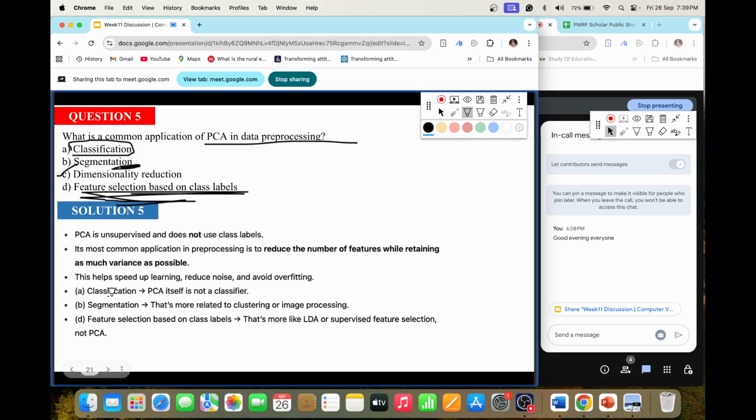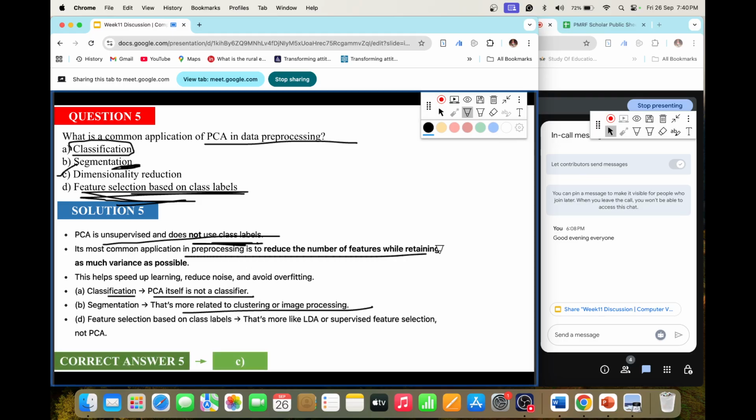So, classification: PCA itself is not a classifier. Segmentation is more related to clustering. And option D, feature selection based on class labels, is more like LDA. PCA is unsupervised and does not use class labels, which is very important, and it is used for dimensionality reduction. So option C is the correct answer.